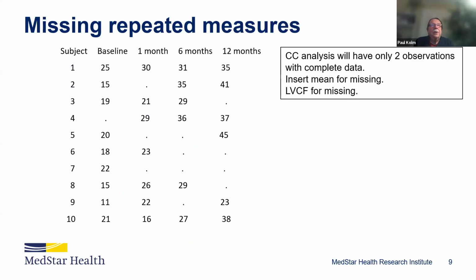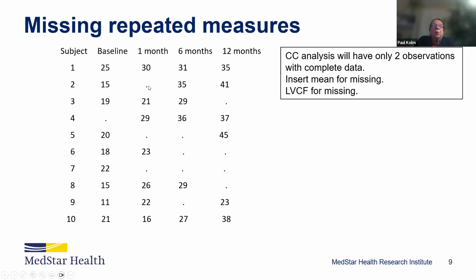So here's an example of some patients, and they have repeated measures data: baseline, 1 month, 6 months, and 12 months. You can see that out of my 10 here, there's only 2 that have complete data over the time period. Say patient number 2 is missing data at 1 month.